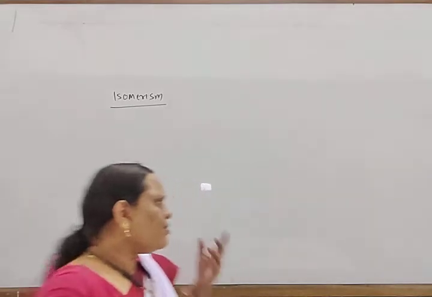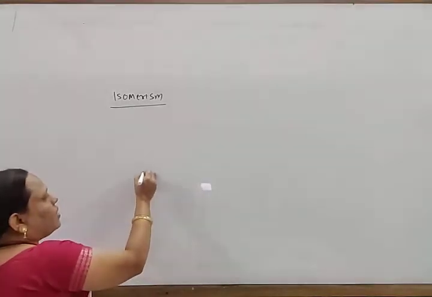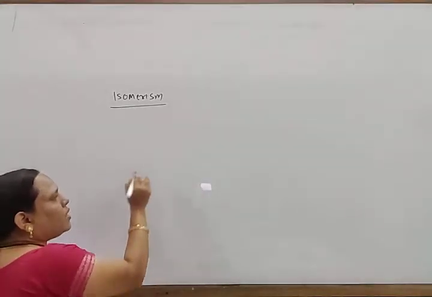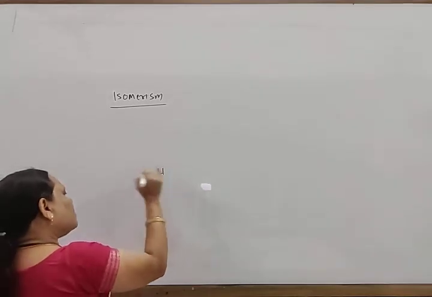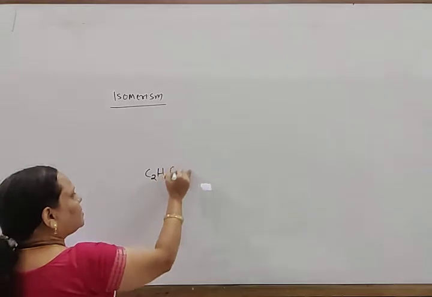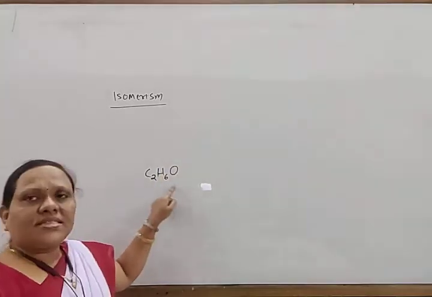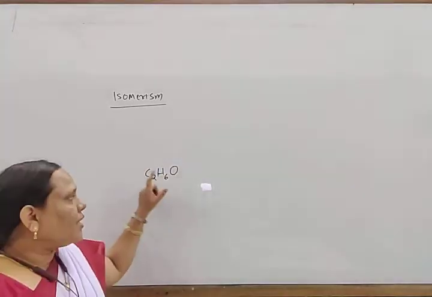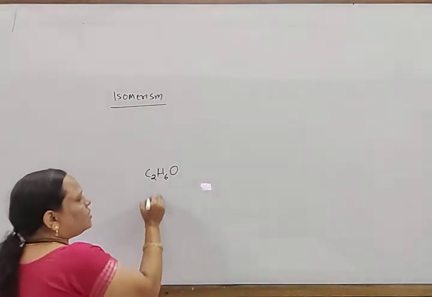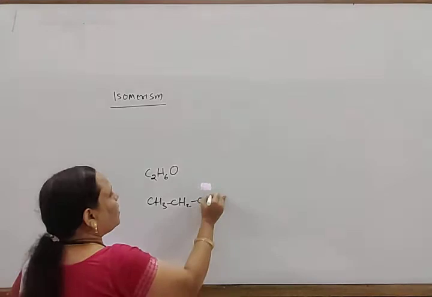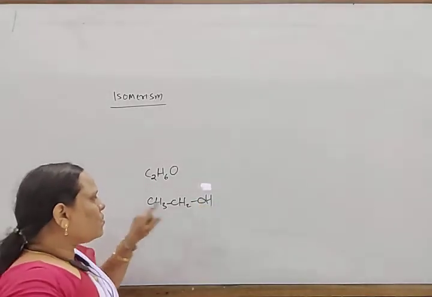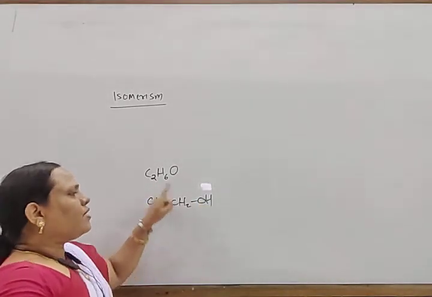Look here, you know one thing, we can write the formula of ethyl alcohol. Suppose I am writing one formula, C2H6O. So this C2H6O I can represent by 2 compounds. Look here. One is CH3CH2OH. Total carbon atoms 2, total hydrogen atoms 6, and 1 oxygen atom.